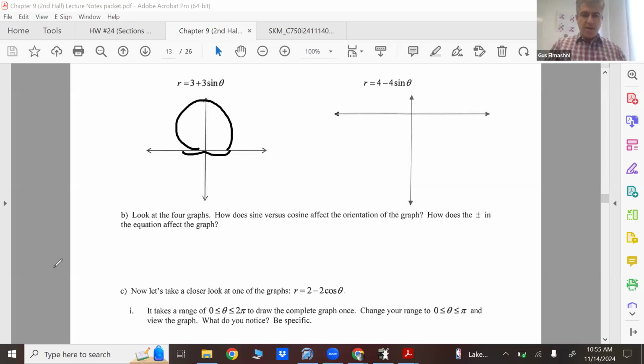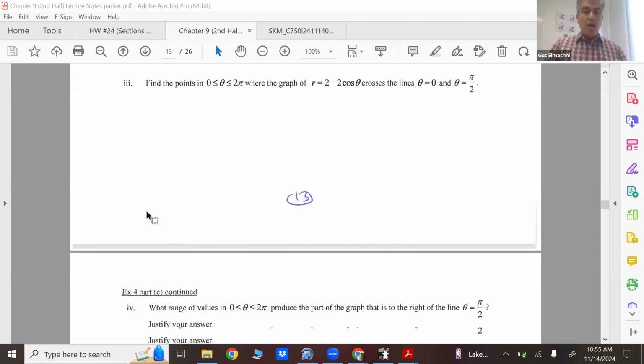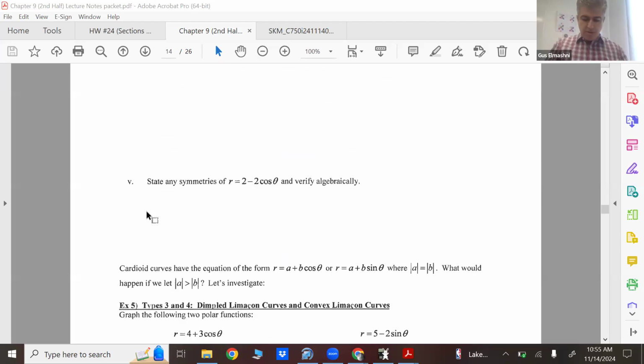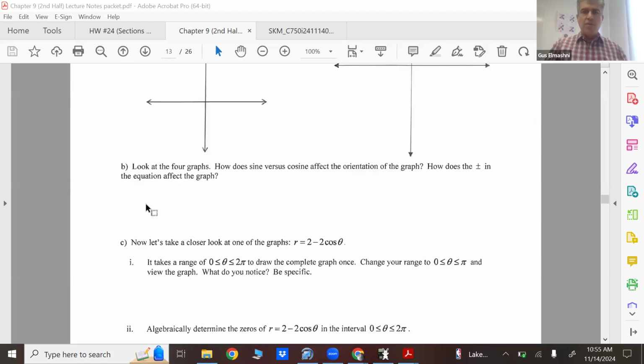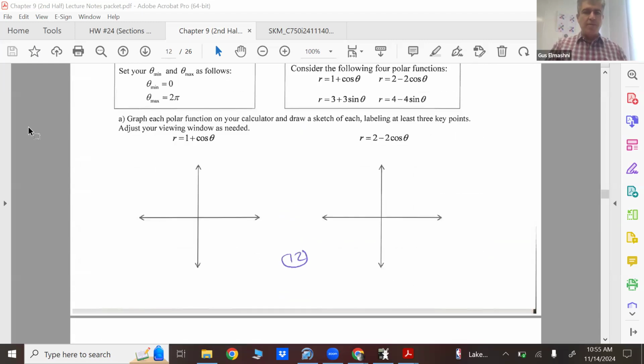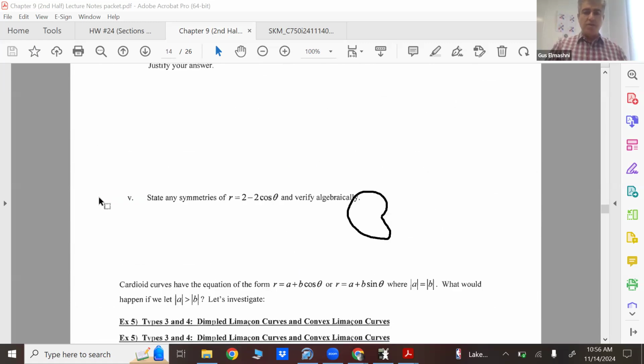So if we focus on 2 minus 2 cos theta, that was this one, right? And it was symmetric about what? Okay, so I need to use that symmetry. Let's verify it.